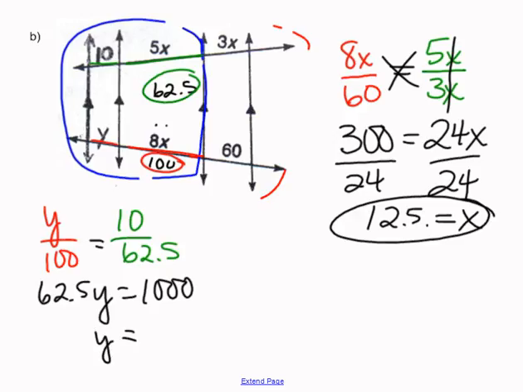Divide 1,000 divided by 62.5. That comes out to 16. So we have x and we have y.